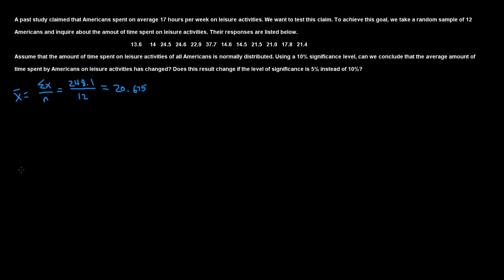Now the standard deviation is a little more tricky to come by. It's not hard, it's just arithmetic, but it does take a little bit of work. Let's see if I can get a different color for us. There we go. Let's calculate the sample standard deviation. The symbol for that is s, or sigma.